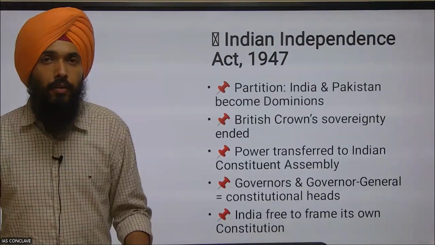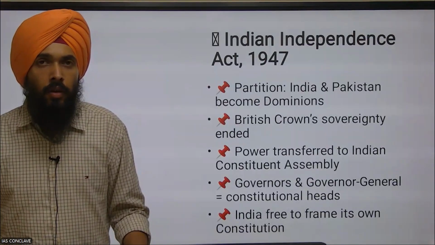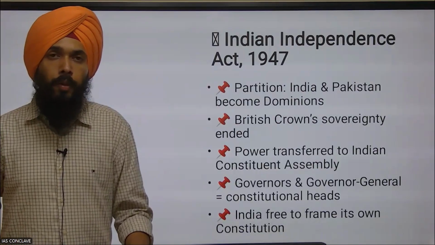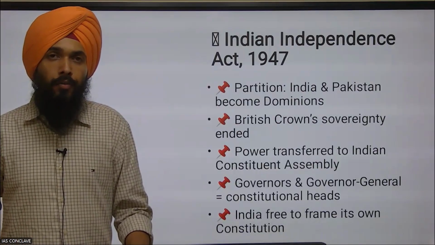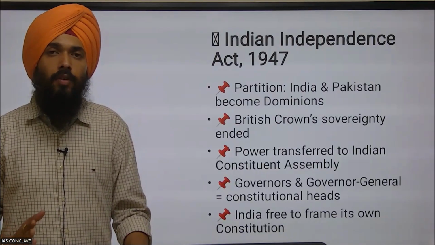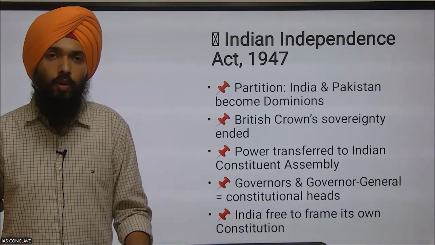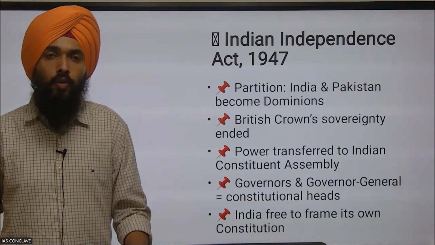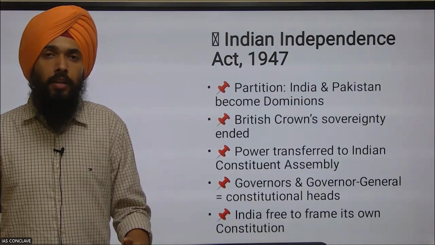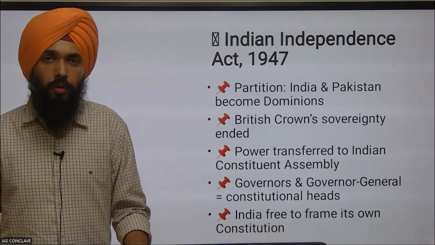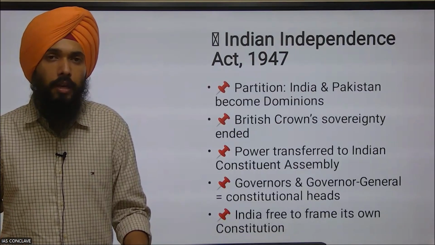Indian Independence Act 1947. As you know, after the series of developments for the making of the constitution, a question also arose that there should be a partition of India. It was the key demand of the Muslim League.